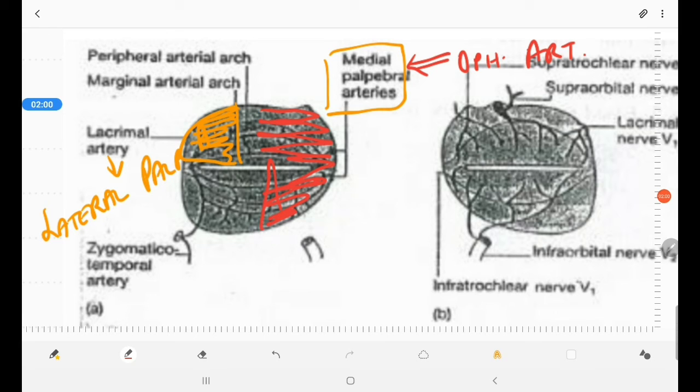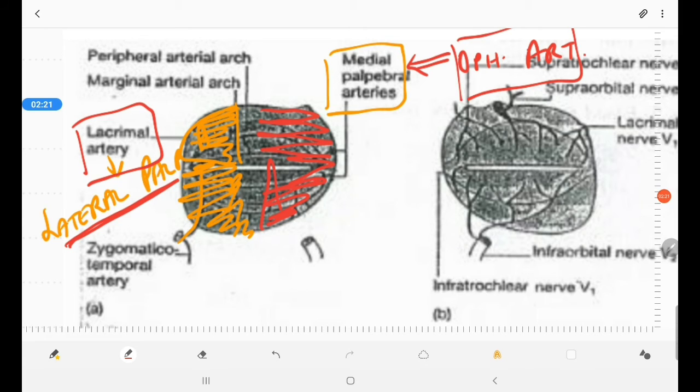The lateral end also takes contributions from the zygomatico-temporal artery for the lower part. So we have a lacrimal artery that gives rise to the lateral palpebral artery. We have an ophthalmic artery which gives rise to the medial palpebral artery, supplying the medial and lateral part of the lids.